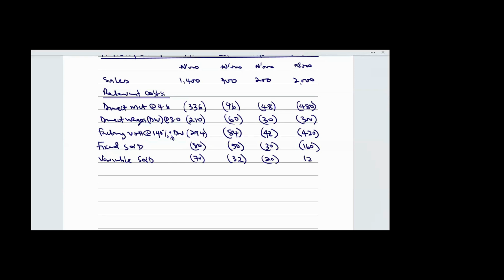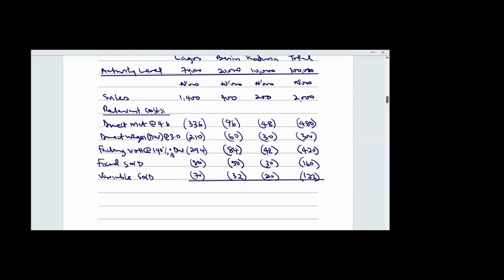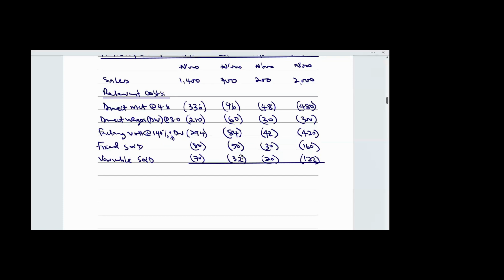So A is 122. Any other costs? That's all. Yeah. Find me the difference. Sales minus relevant cost for Lagos. What do you have? 336 plus 210 plus 294 plus 150 minus 1.4 million.